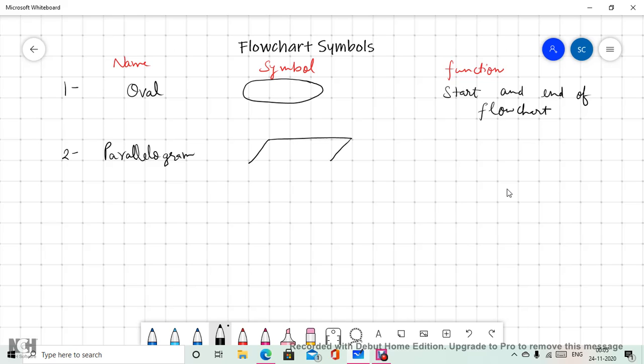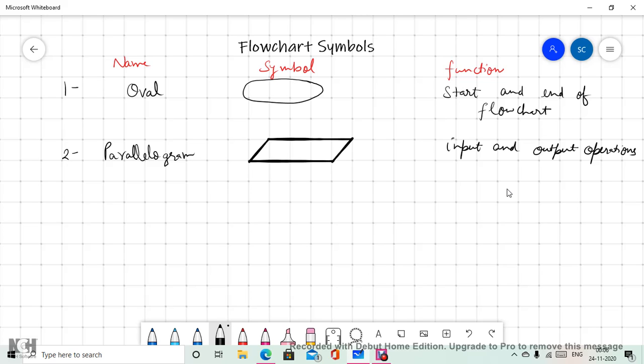And this is parallelogram, and it is used for input and output operations.